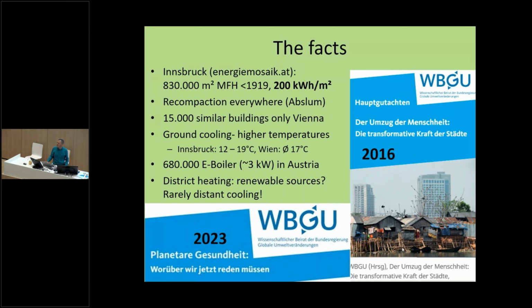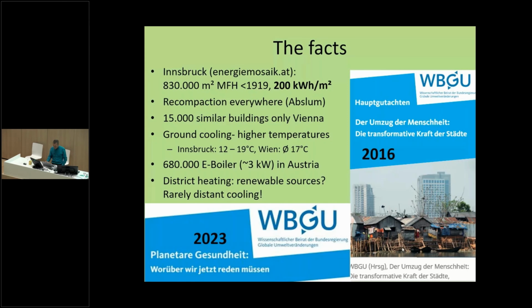We need about 100 megawatts, I suppose. Why not bigger? If you build 21 megawatts, you have to do an environmental impact assessment, Umweltverträglichkeitsprüfung. So it would be a much higher effort to get the rights to build it.